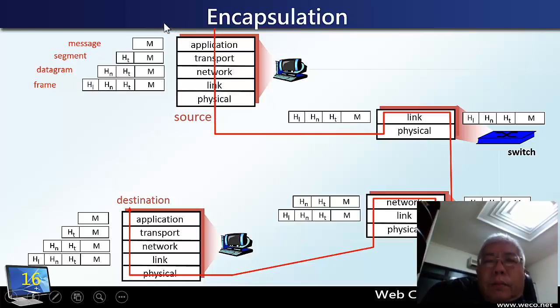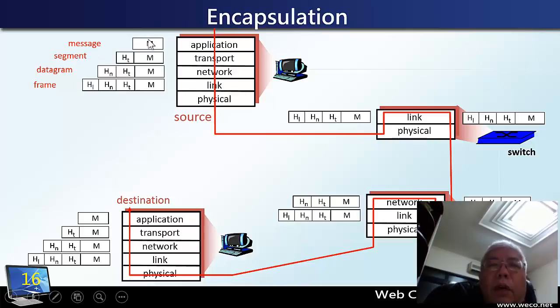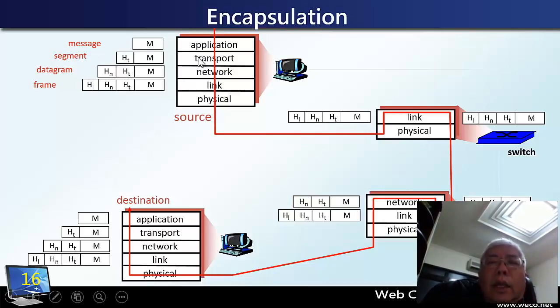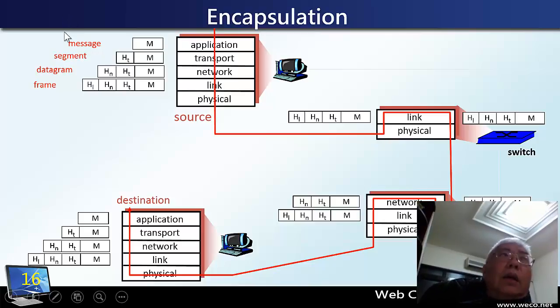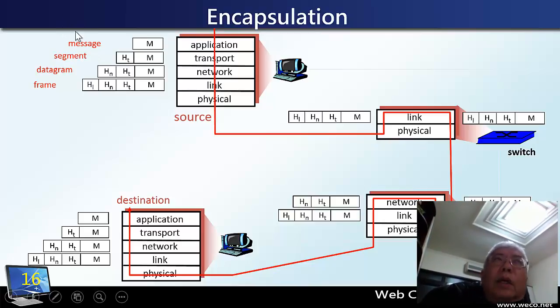From the top, for example, we're going to send out a connection to a web server. The browser is on the application layer. We type a URL, HTTP, and so on.